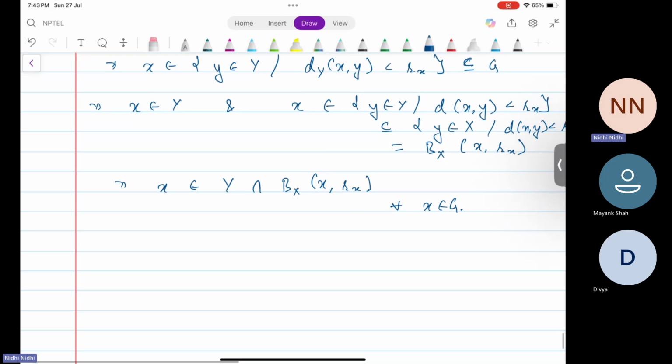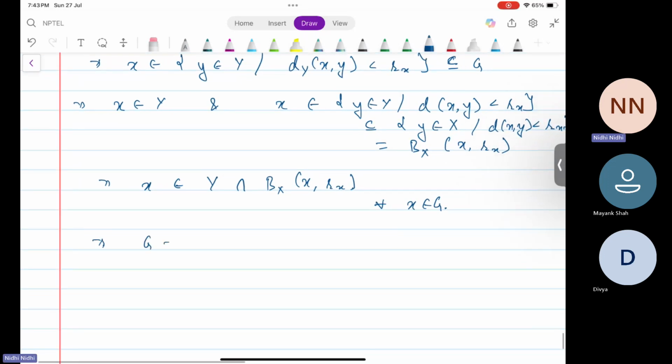So this implies G is contained in Y intersection the union over x in G of B(x, r_x). Now this is an arbitrary union of open balls. We know that an arbitrary union of open balls is an open set.